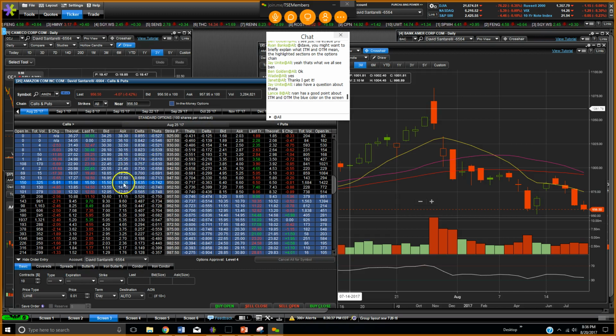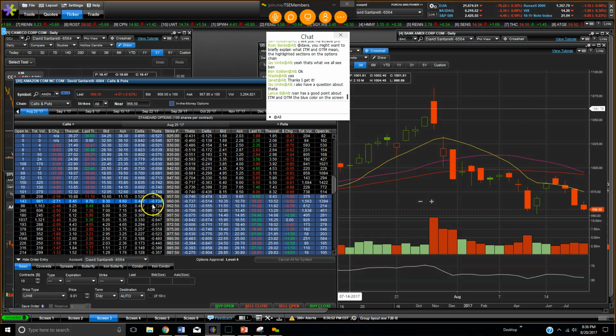Delta is telling you what this option is going to do as the stock rises, and Theta is going to tell us the amount this option is going to decay from time value. So this 960 strike here is going to be decreasing 73.5 cents per day if Amazon just stayed where it's at.